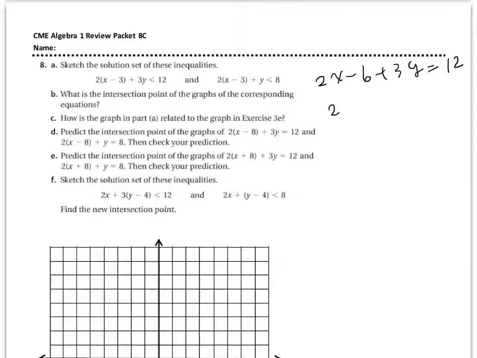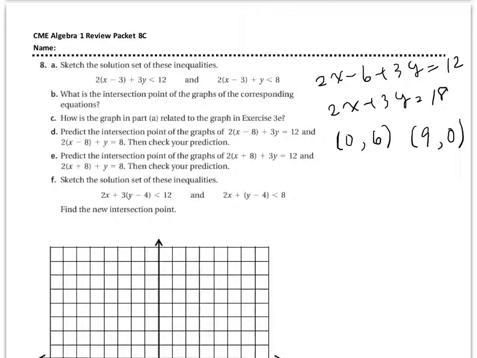So we have 2x plus 3y equals 18 by adding 6 to both sides. If x is 0, then 3 times y is 18, so y has to be 6. If y is 0, then it's 2x plus 0 equals 18, so x has to be 9.